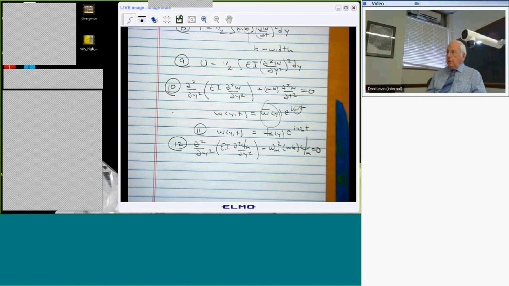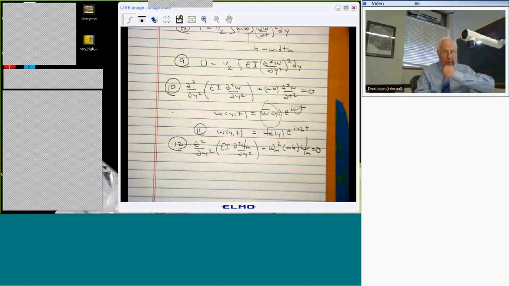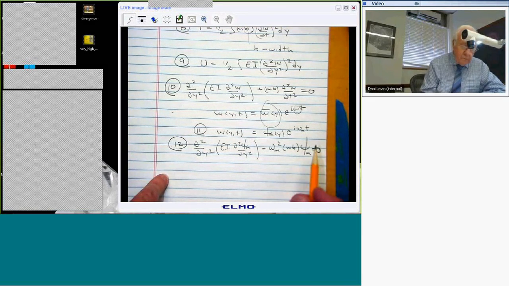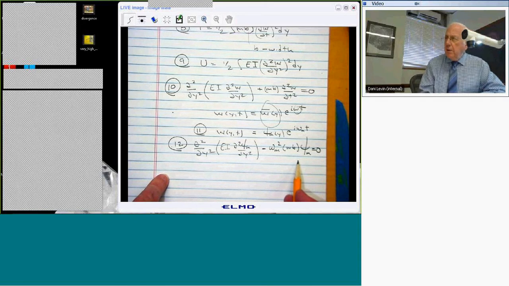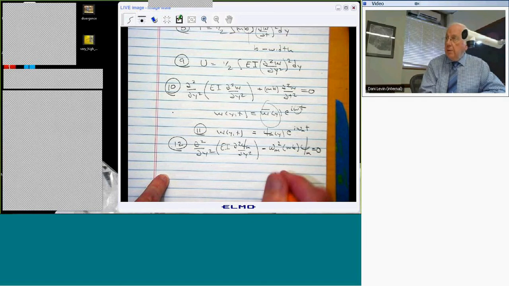Still with me? Now, let me tell you what we're going to do before we do it. Here's the idea. We can prove orthogonality by writing the same equation with omega_n and psi_n, then multiplying this equation by psi_n and integrating over y, and this one by psi_m and integrating over y.